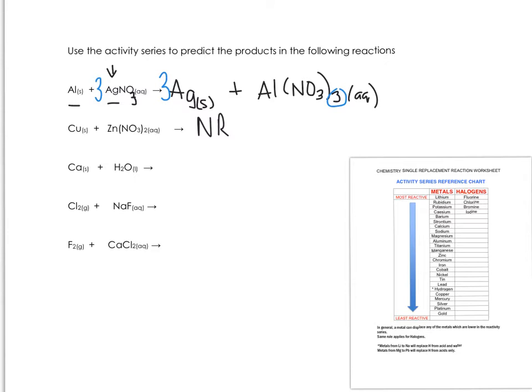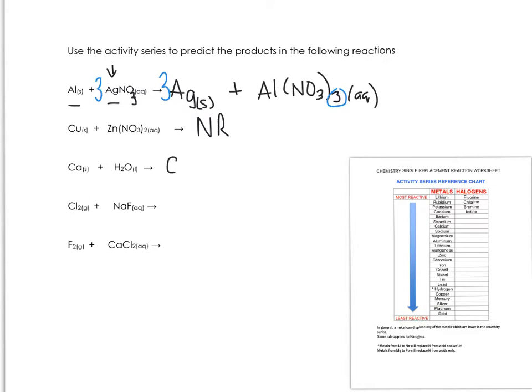So calcium plus water. So calcium is up here. Hydrogen is down here. And calcium is just above sodium, so it does bump hydrogen out from water. So what happens when you have a metal plus water?